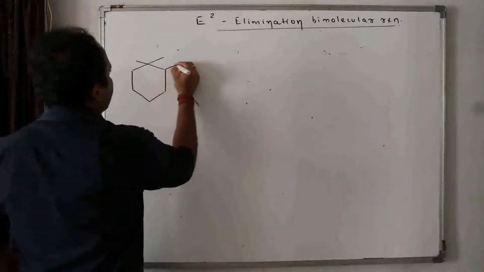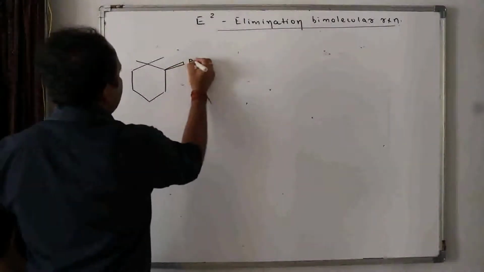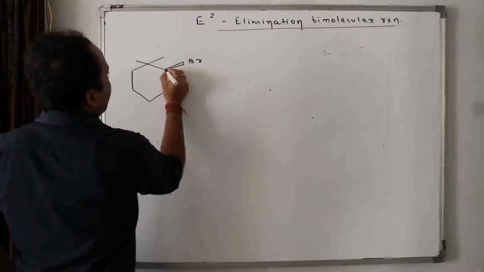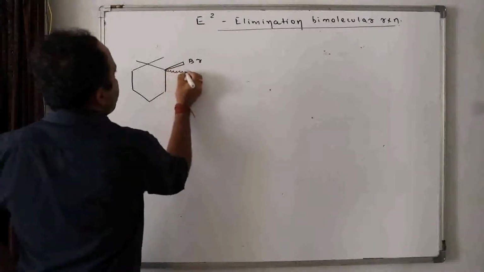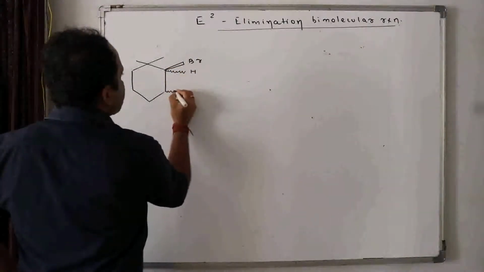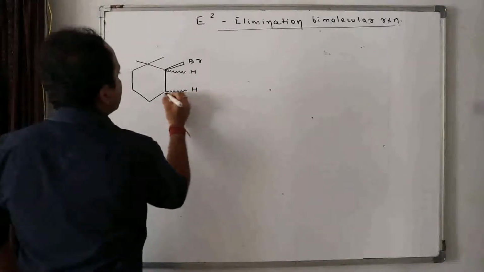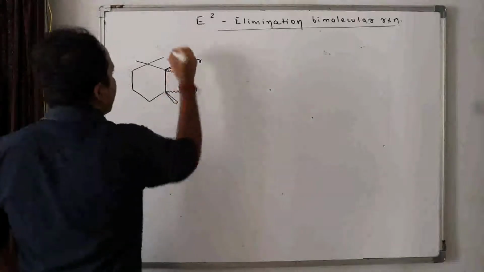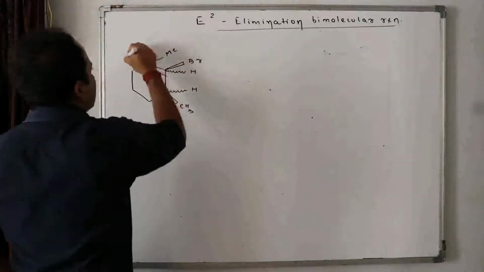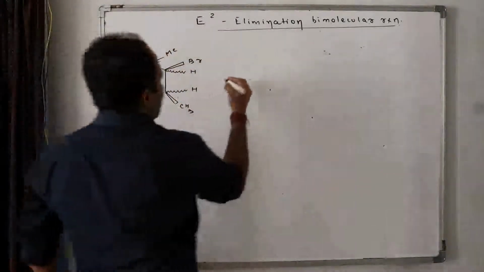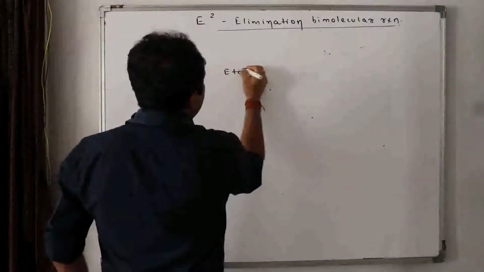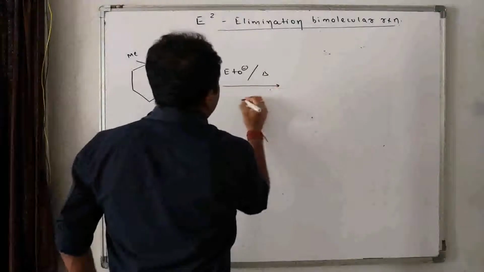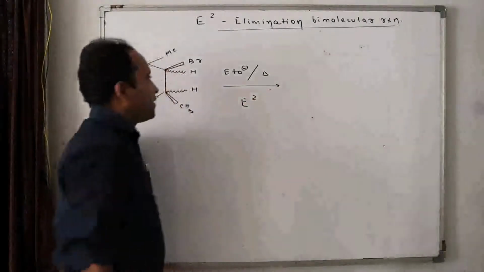What is the example here? This is bromine, hydrogen, methyl, and these are obviously methyl groups. If I make it react with a strong base, EtO minus, and heat it, it will definitely undergo the E2 reaction.